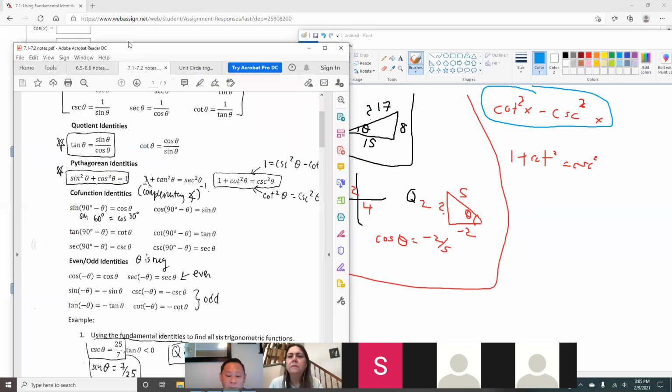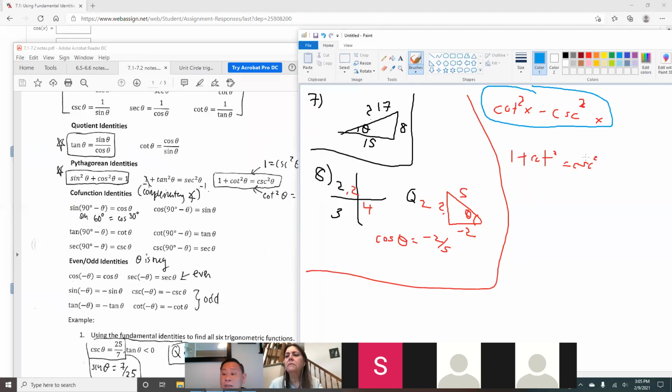Can someone help me move this around so we end up with cotangent square x minus cosecant square x? I have to move the cosecant square over here, and then the 1 has to move there too. When you move it, the plus becomes minus. What is this going to be? 1 or negative 1?